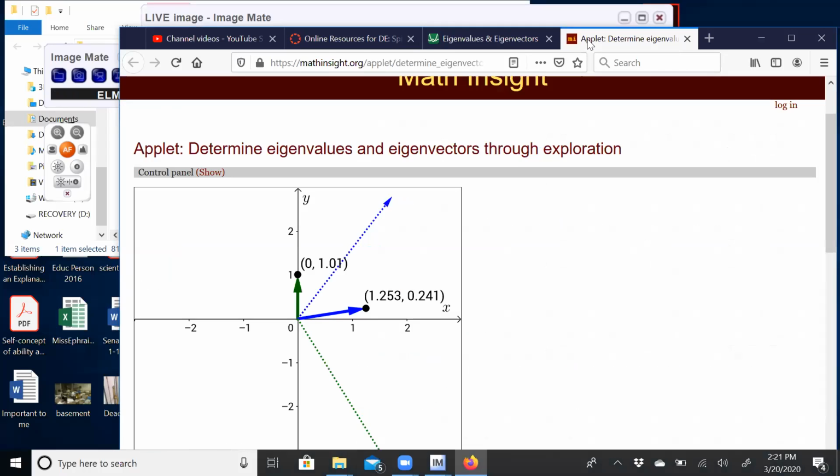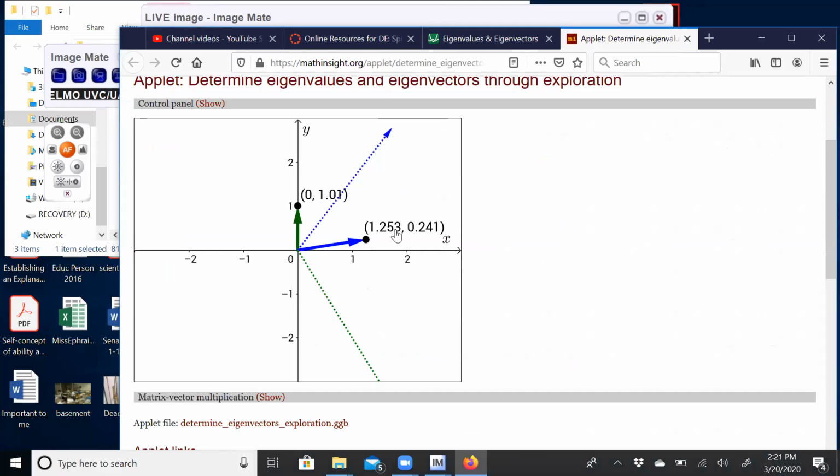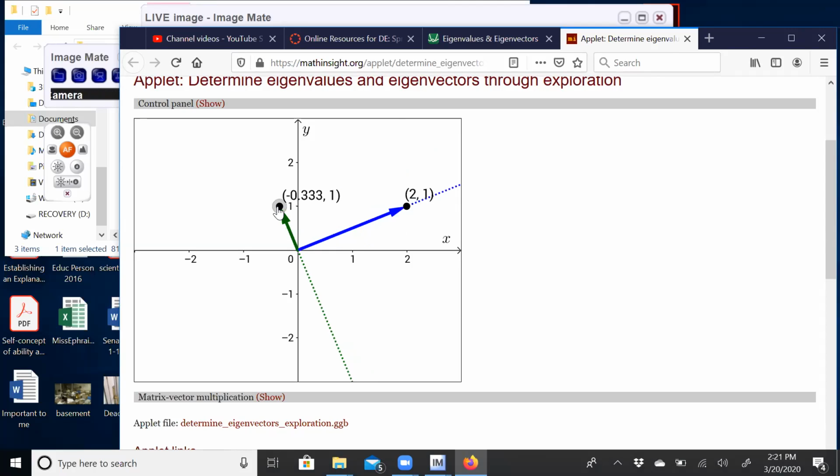If we take a look at the Math Insight one, you can play around with it, and I would recommend you do that for a few minutes and see if there's any way you can make the output, the dotted vector, be a scalar multiple of the input vector. Looks like it happened when x is 1 and 1/2. Also note that it will do the same thing when our vector is 2, 1. Go ahead and give that a try. Play around with that for a minute.